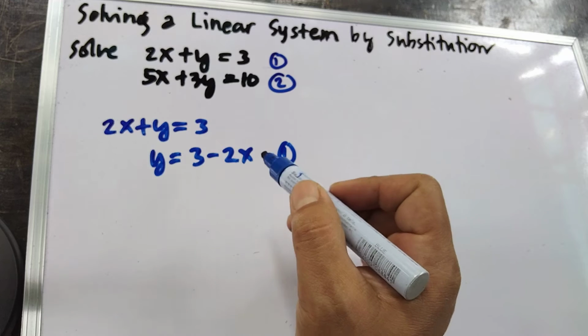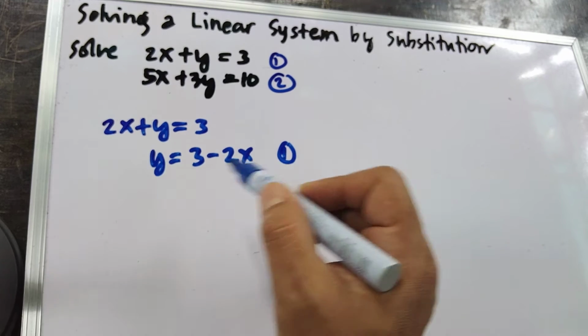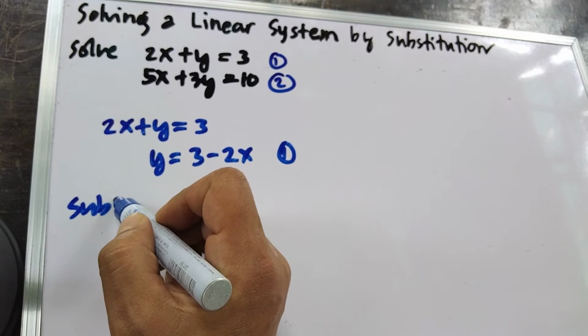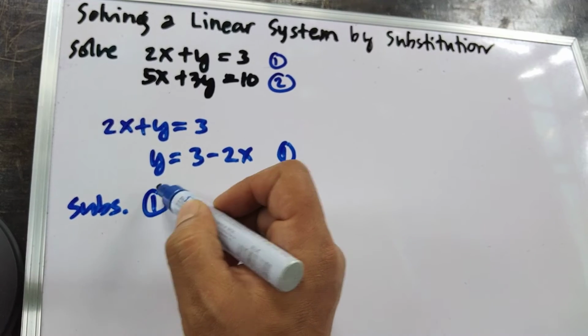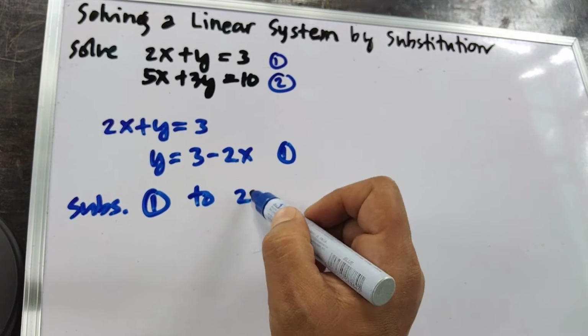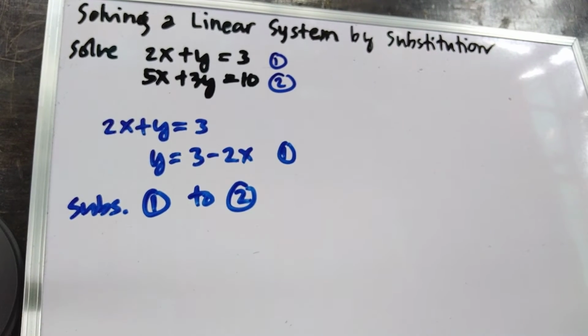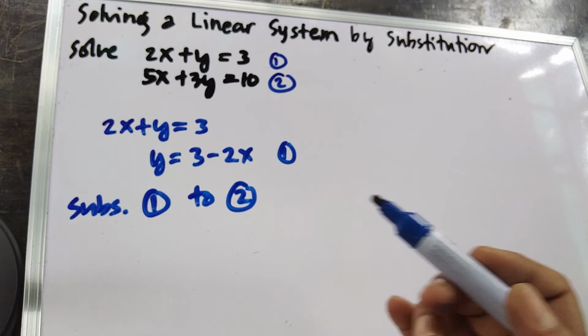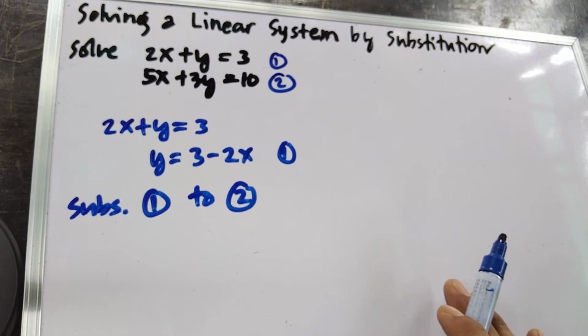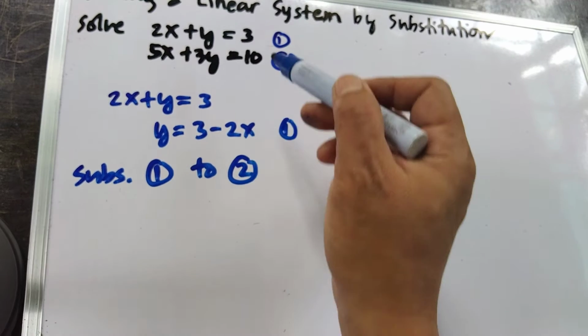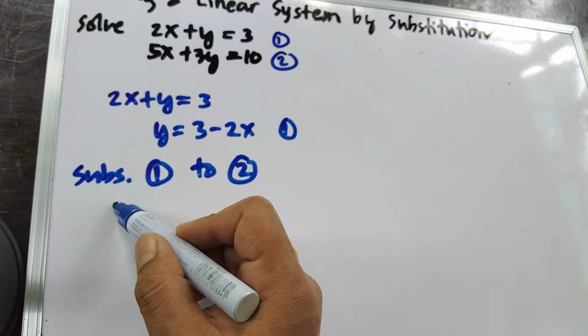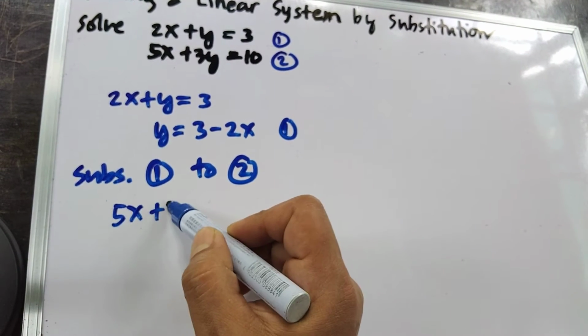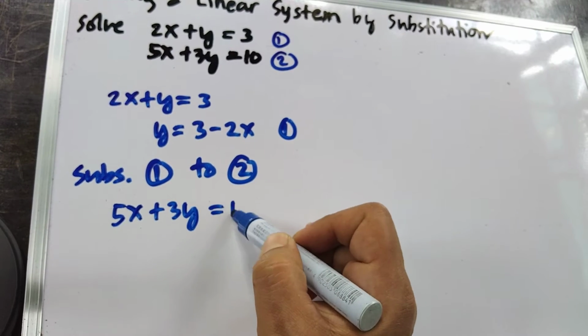Since we have equation 1, we substitute it to equation 2. So, what will happen if we substitute? You copy 5x plus 3y is equal to 10.